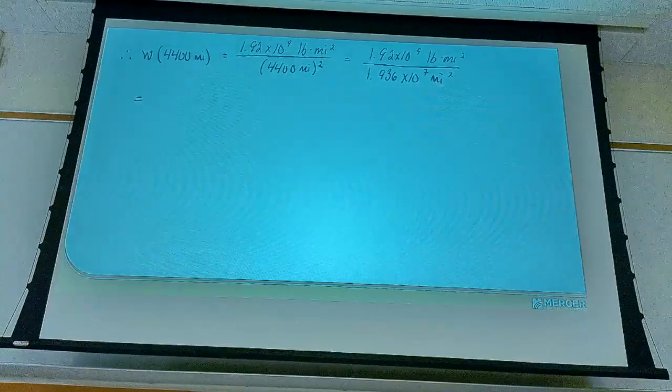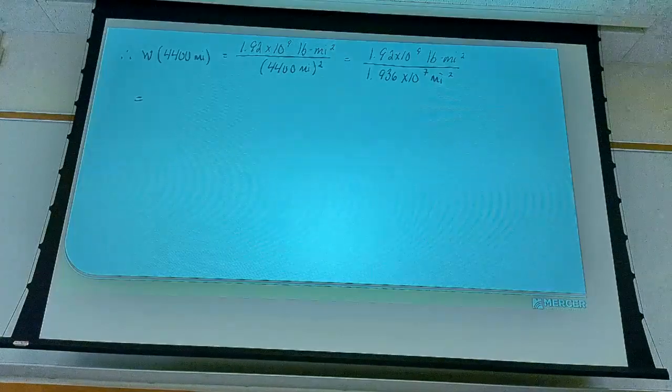1.92 divided by 1.936, and it'll be times 10 to the 9 minus 7. This is going to be just slightly over 100 pounds. Right, so what's 1.92 divided by 1.936?